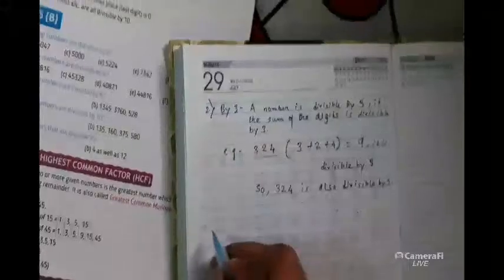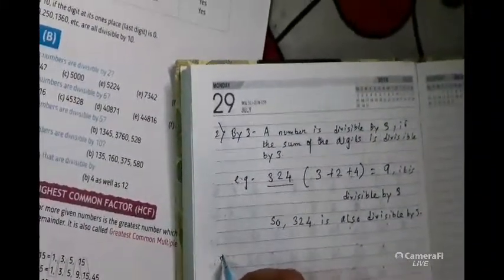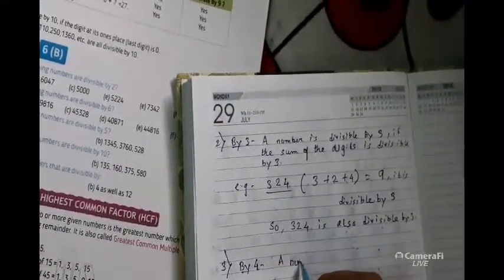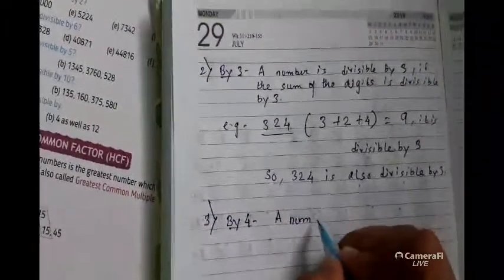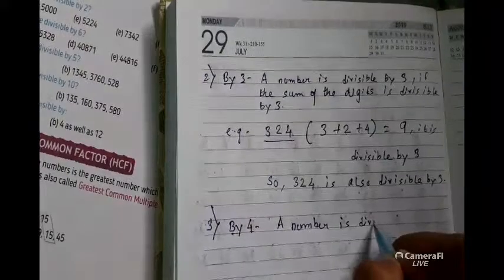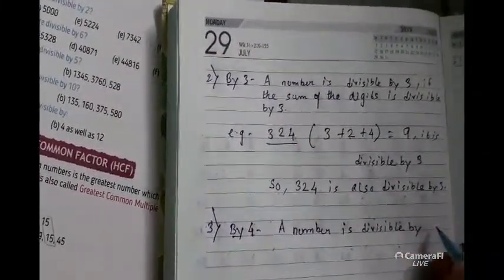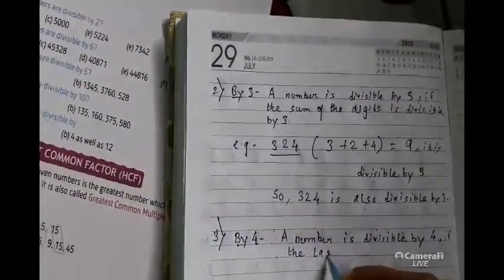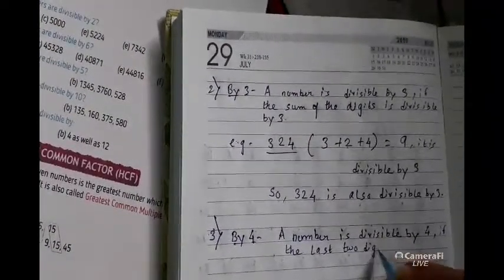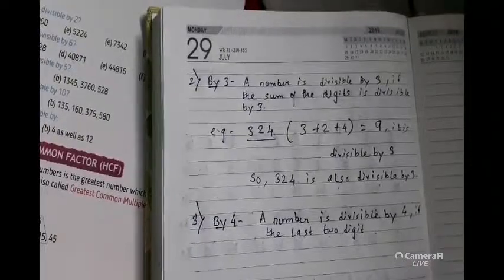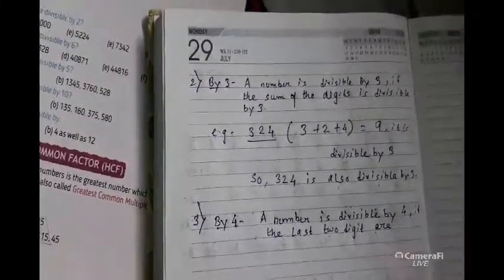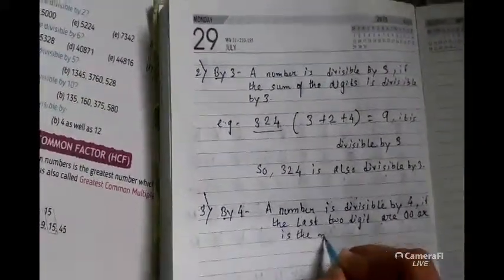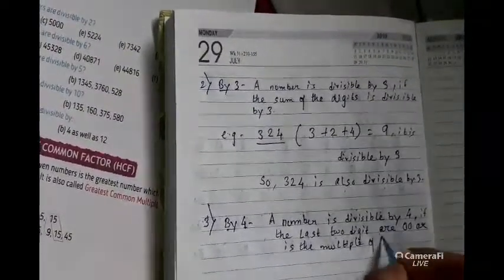Now next, divisibility by 4. A number is divisible by 4 if the last two digits are either 00 or a multiple of 4.